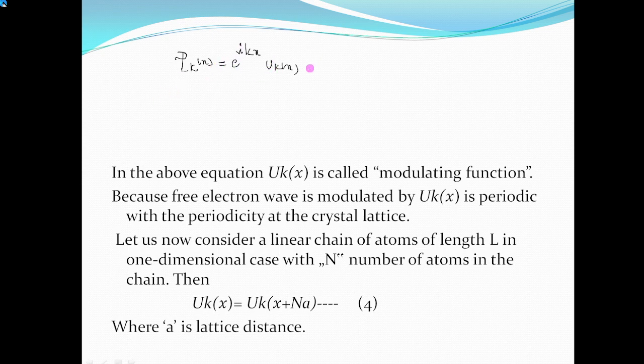This is the solution in one dimension. Next, in three dimensions I can write it as psi k r is equal to e power ik r u k r, where r represents x, y, z.